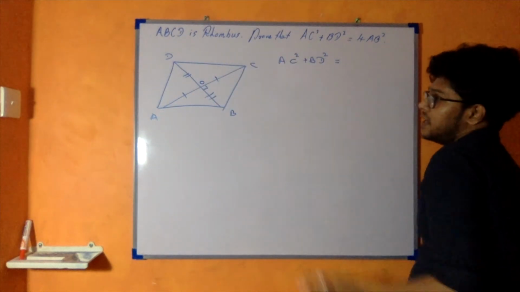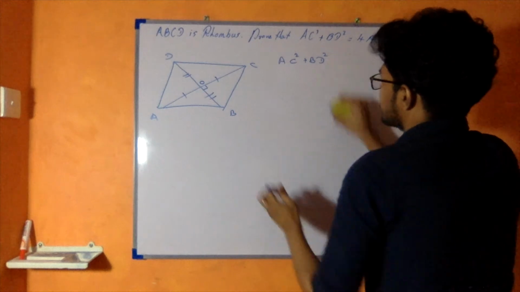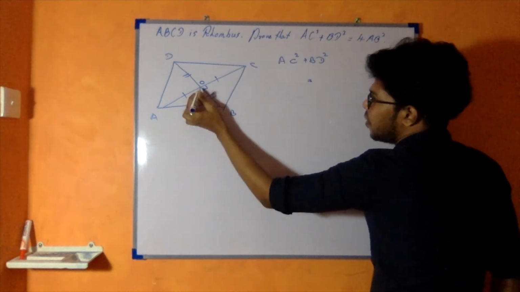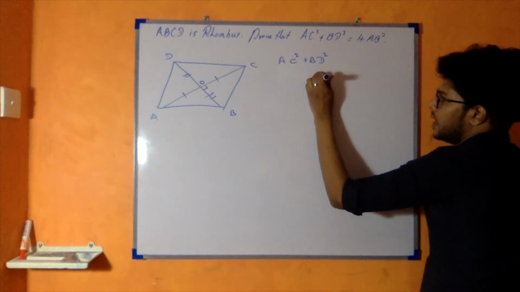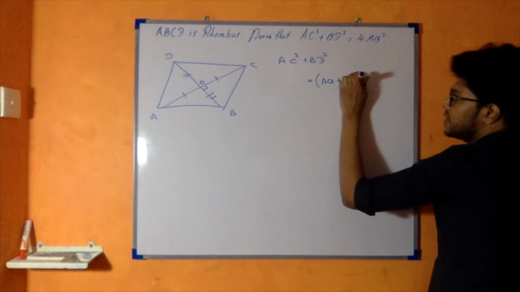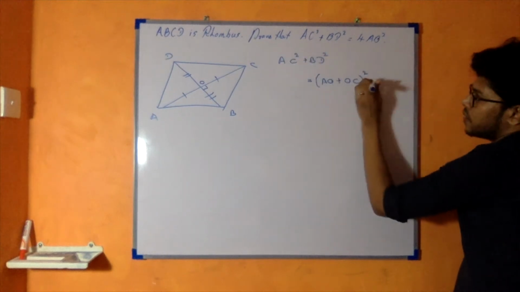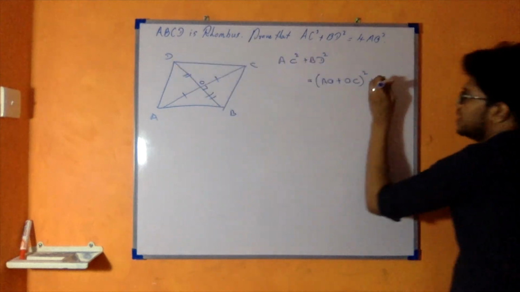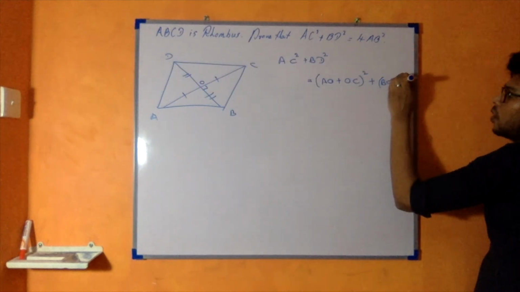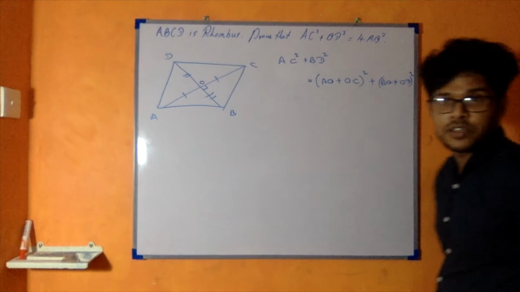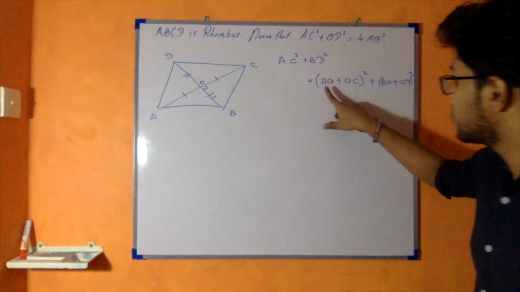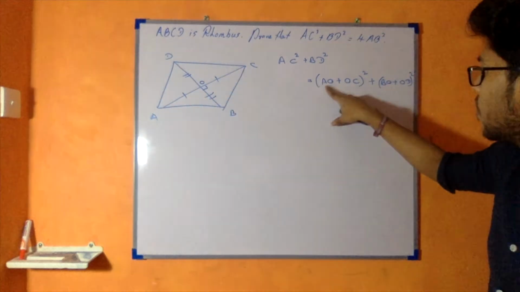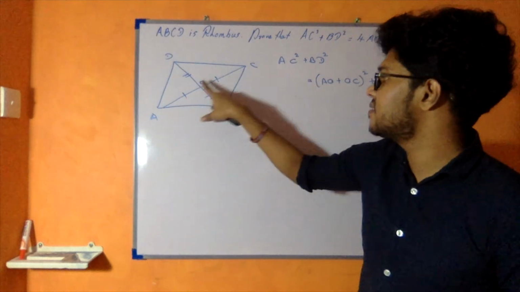So AC equals AO plus OC, whole thing squared. Don't forget the whole thing squared. Plus BD, which is BO plus OD, whole thing squared. I told you the diagonals bisect each other, so these lengths are going to be equal. AO is equal to OC.